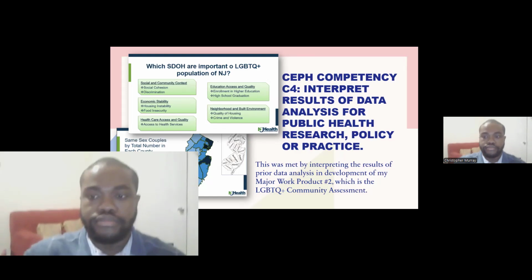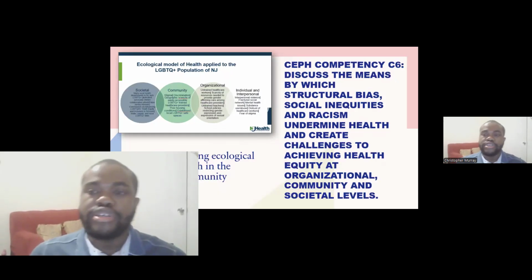To demonstrate SEEP competency C6, which would be to discuss the means by which structural bias, social inequities, and racism undermine health and create challenges to achieving health equity at organizational, community, and societal levels, I used the ecological model of health as it relates to the LGBTQ plus community in New Jersey.